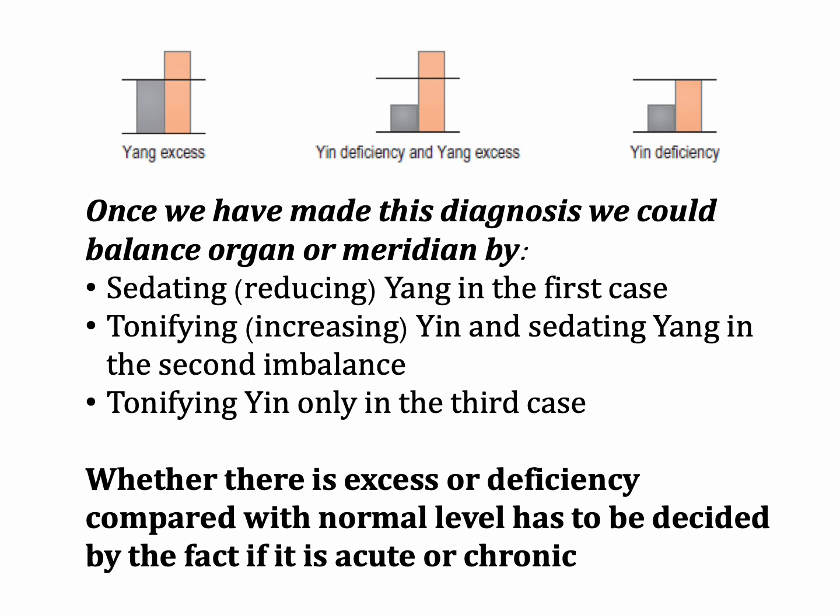As all diseases of yang nature are caused by imbalance in energy, where yang is dominant to yin, this does not automatically mean that yang is in excess or that yin is less than normal energy level. Whether there is excess or deficiency compared with normal level has to be decided by the fact if it is acute or chronic.